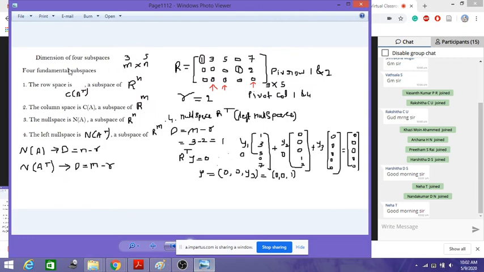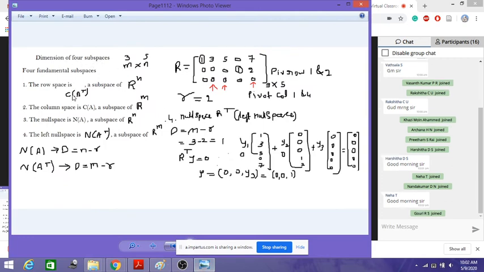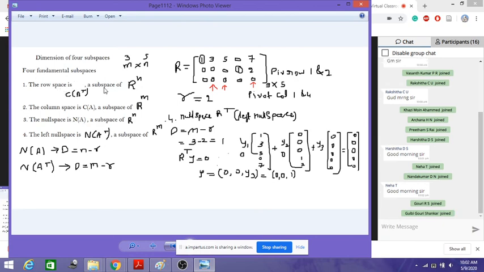If you look at the dimensions of the four subspaces, we have talked about the row space, column space, null space, and the null space of A transpose, which is also called the left null space. The row space, represented as C of A transpose, is a subspace of R power n.